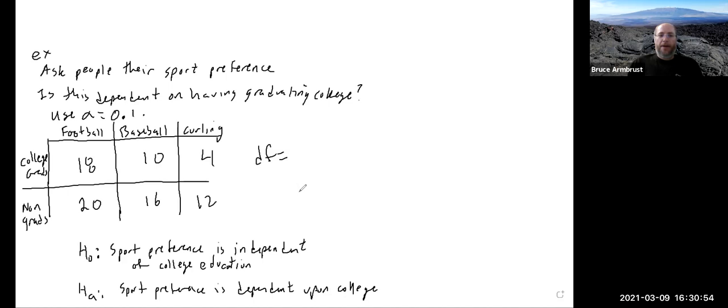Good, Tassel, just put 2 in the chat box, right? Because we take the number of rows minus 1 times the number of columns minus 1. So that's 1 times 2, or 2. So we're going to use the chi-square with degree of freedom 2. But like I said, the calculator will already do that for us.